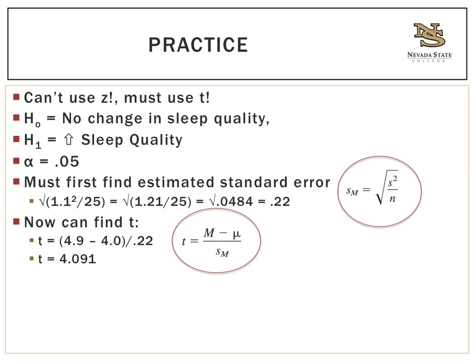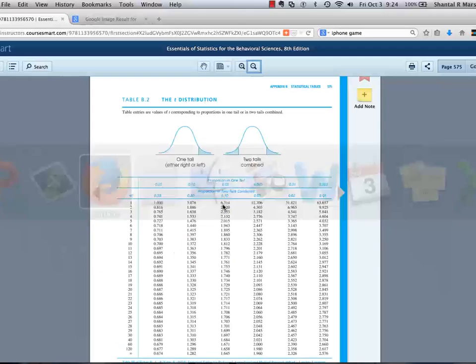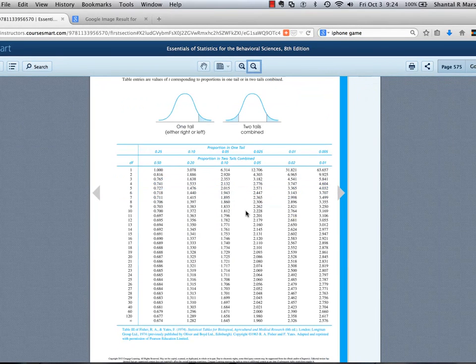Now, knowing your t-statistic alone does not cause joy or sadness. You must compare it to your critical t-value, right? So you need to check your t-distribution. So if you remember, what we found is that if we're using a 0.05 alpha, and we're only expecting an increase in sleep quality, so we are using a one-tailed test, and our degrees of freedom in this case is 24, n minus 1.